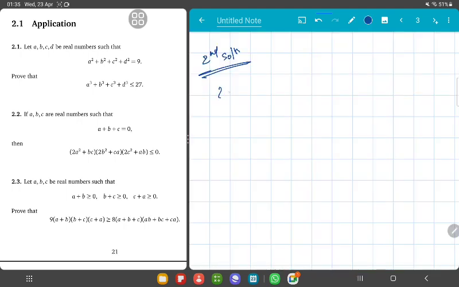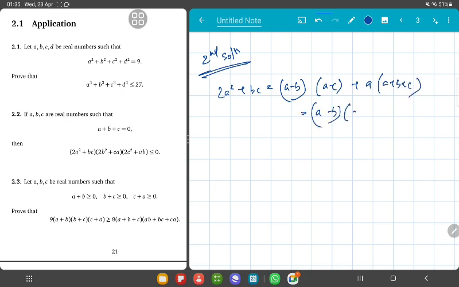The second solution could be like this: 2a square plus bc equals a minus b times a minus c plus a plus b plus c, which you can solve. Similarly, 2b square plus ca equals b minus c times b minus a plus b plus a plus b plus c.